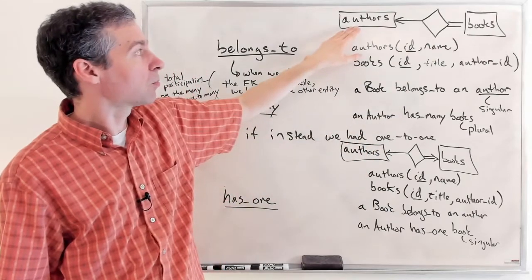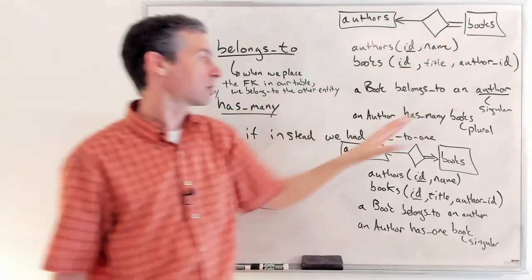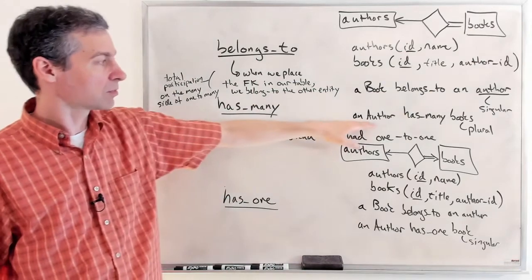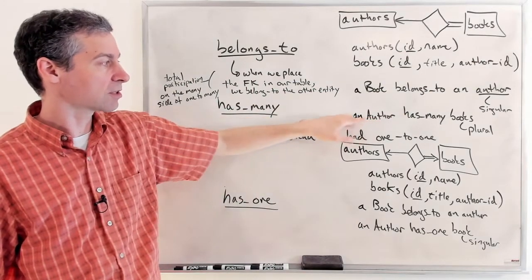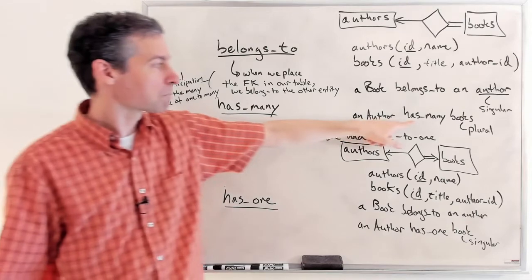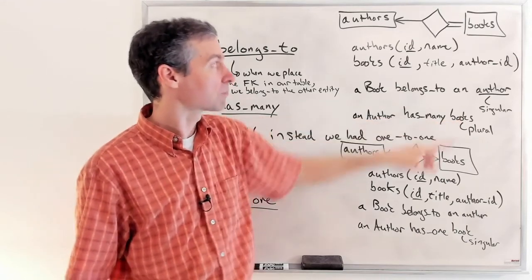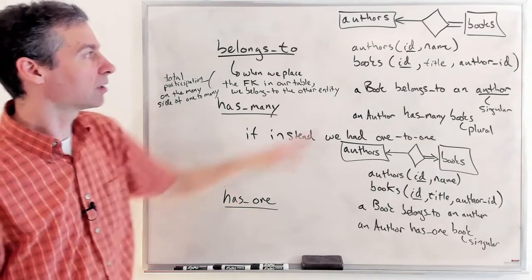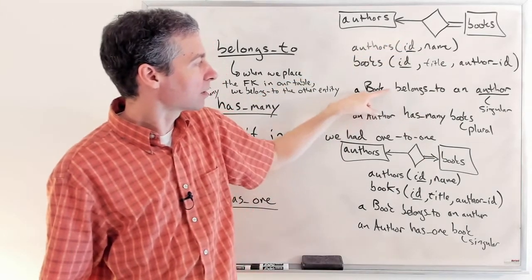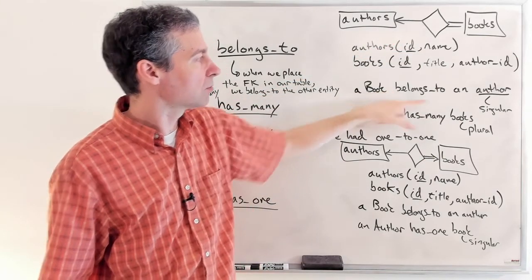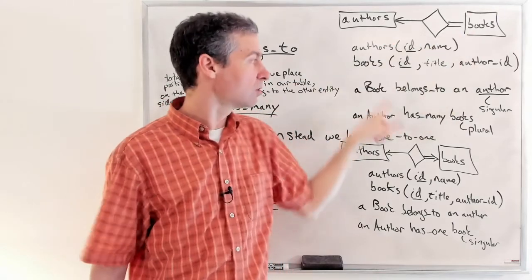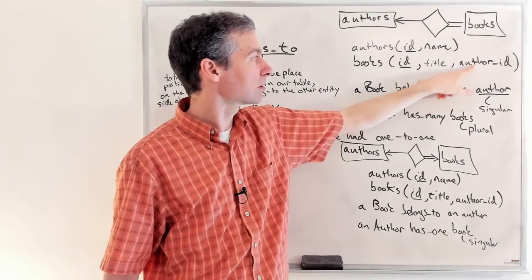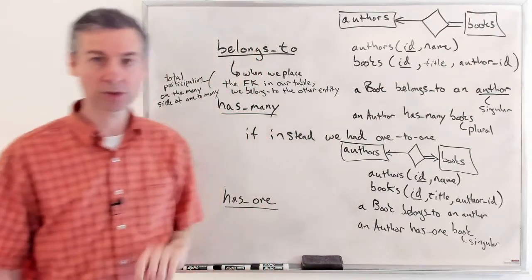Now, as I said, one author has many books. So we would end up creating an association that says an author model has many books, and it's completely fine, and it's going to figure it all out, and it's going to know that at the other side is a belongs to, and that the foreign key is living inside of the books entity.